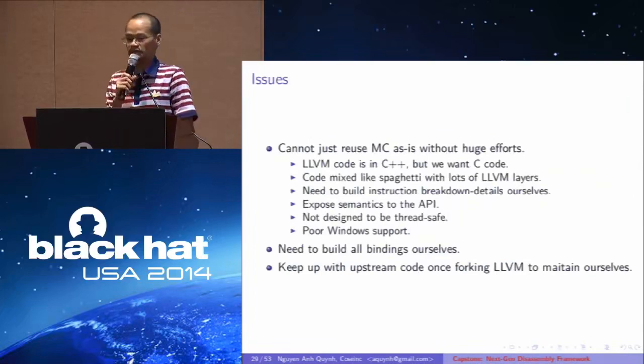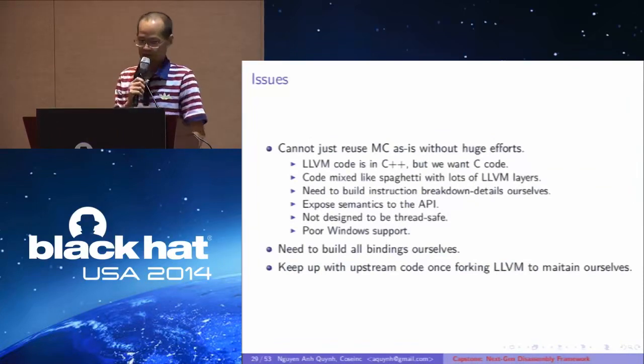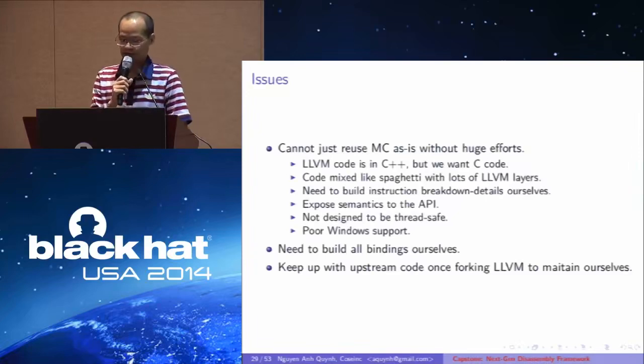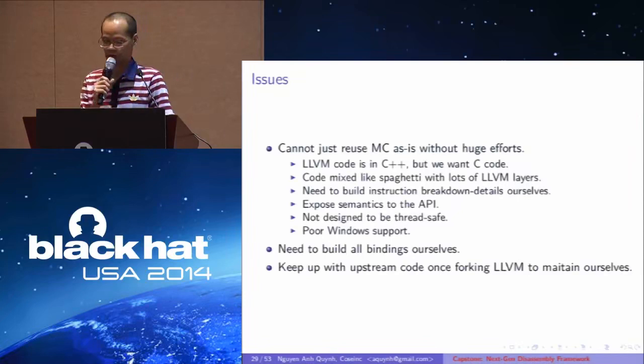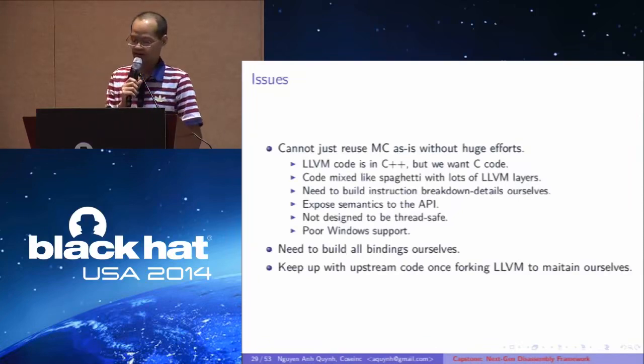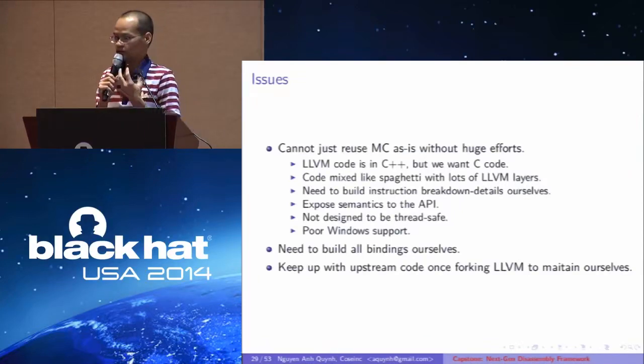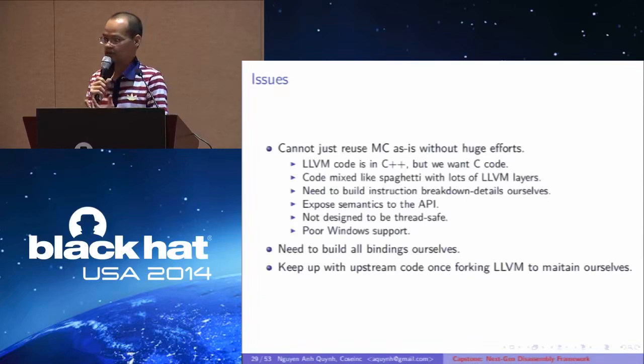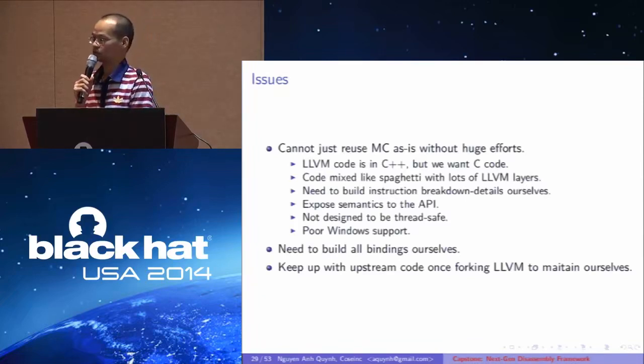Well, the idea is nice, but there are many issues. First one, you cannot just reuse MC without a lot of effort. Why? Because inside LLVM, the code is implemented in C++, but I want Capstone to use C, because I want Capstone to be usable by C programs.